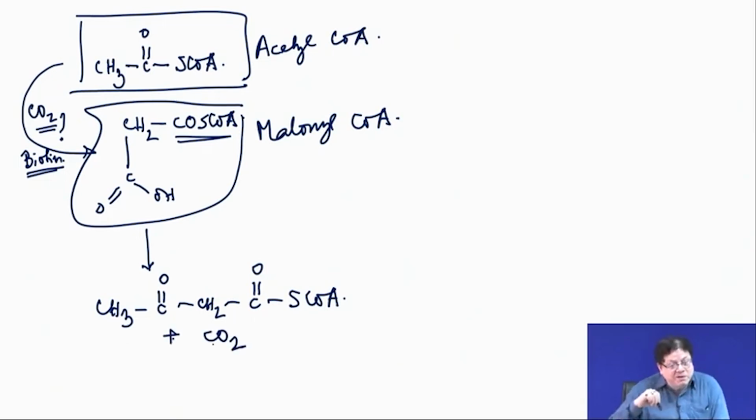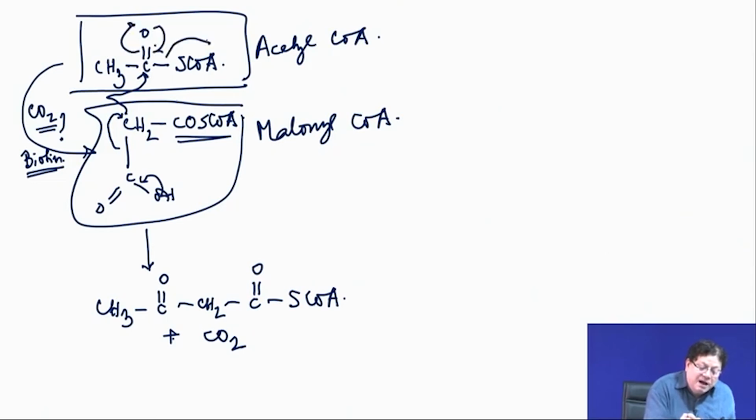So, what is the reaction here? This goes here first, that forms an anion here, and that anion reacts with this carbonyl, which comes back, and this goes out. So, what it makes is CH3CO, CH2, CO, SCoA.